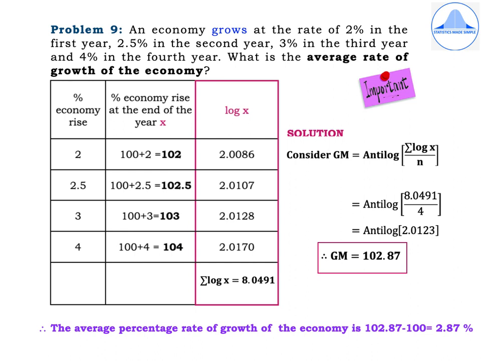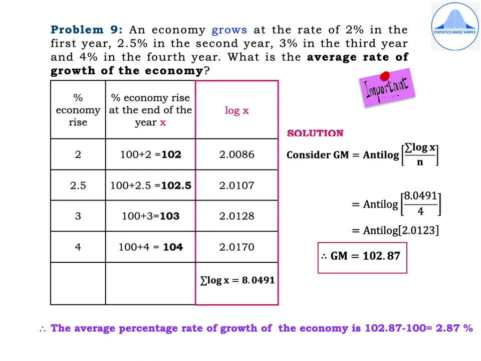So for this problem, let us form a table and then go ahead with the calculations. In the first column, we'll have percentage economy rise and list down the values as given in the problem as 2, 2.5, 3 and 4. Now in the second column, we'll find out the percentage economy rise at the end of the year.